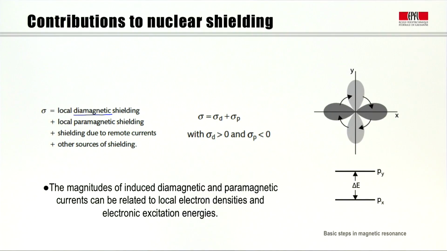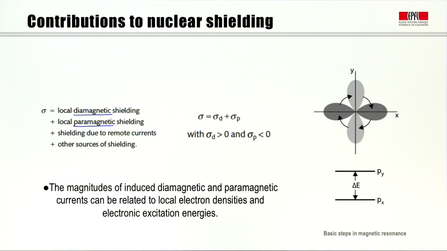So in diamagnetic shielding, the magnetic field induced by the circulation of the electrons is anti-parallel to the external field. But we also have situations where the shielding is paramagnetic.